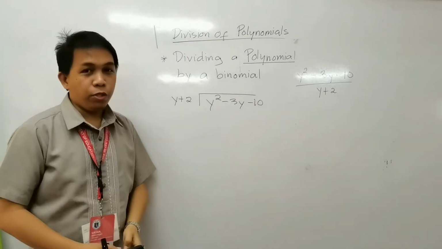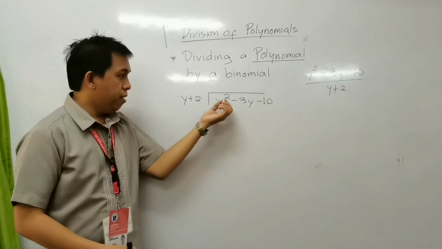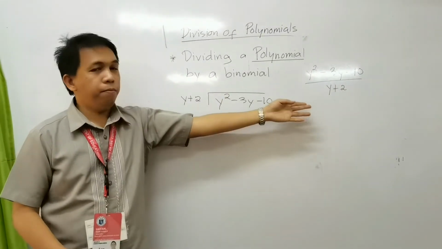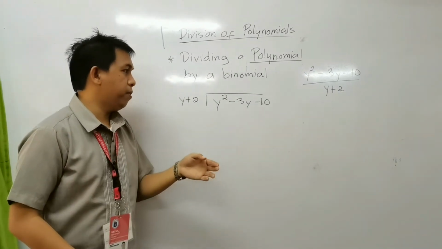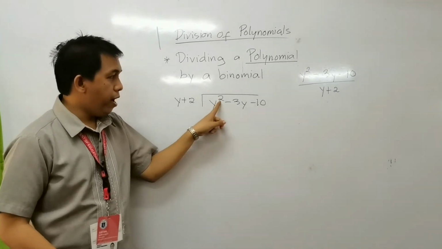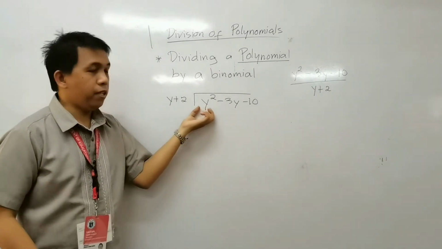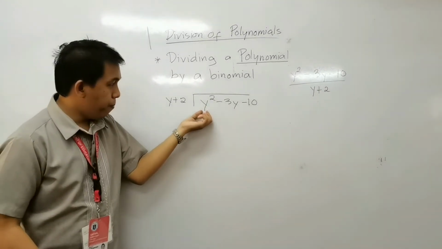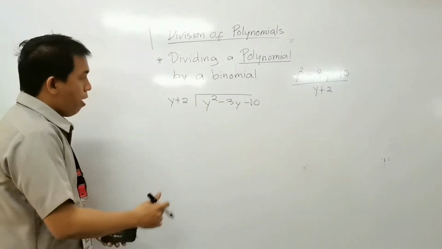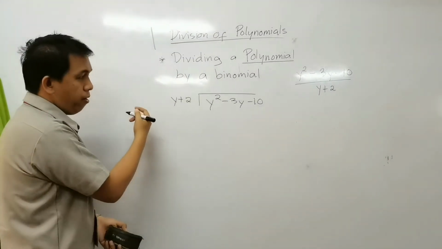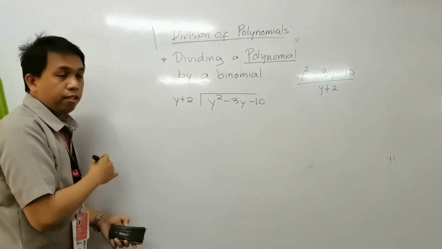So make sure that the biggest exponent is first, followed by the different terms. Here we have 2 as our biggest power, so that's why it was brought here. Same for the divisor, you should have arranged that one also into descending order.